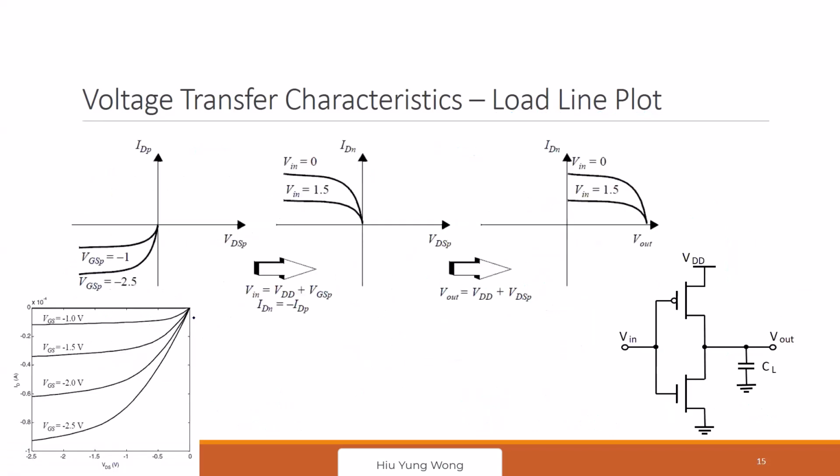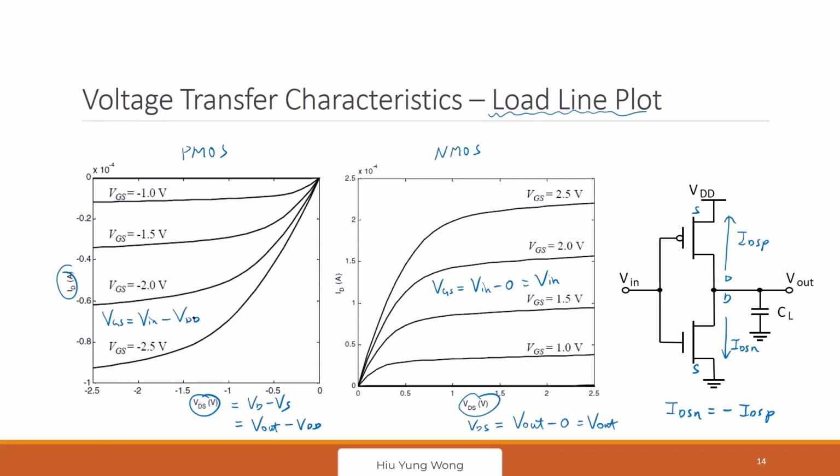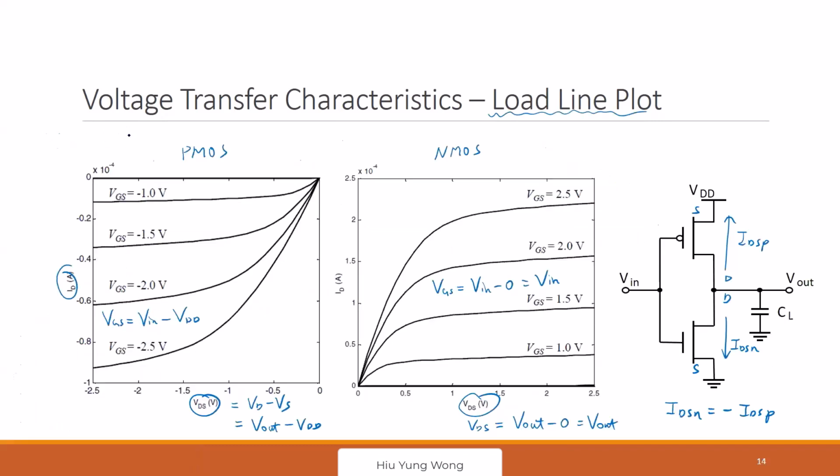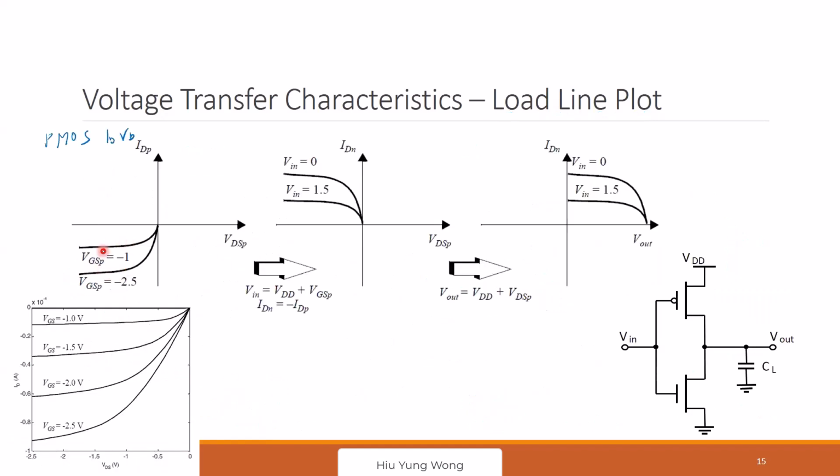So now I need to transform them. I cannot compare them because I have different axes. So what I'm going to do is start with PMOS. This is the PMOS ID-VDS curve. If you look here, do you see that? It's all in the negative. So in the third quadrant, that's what we are putting here.